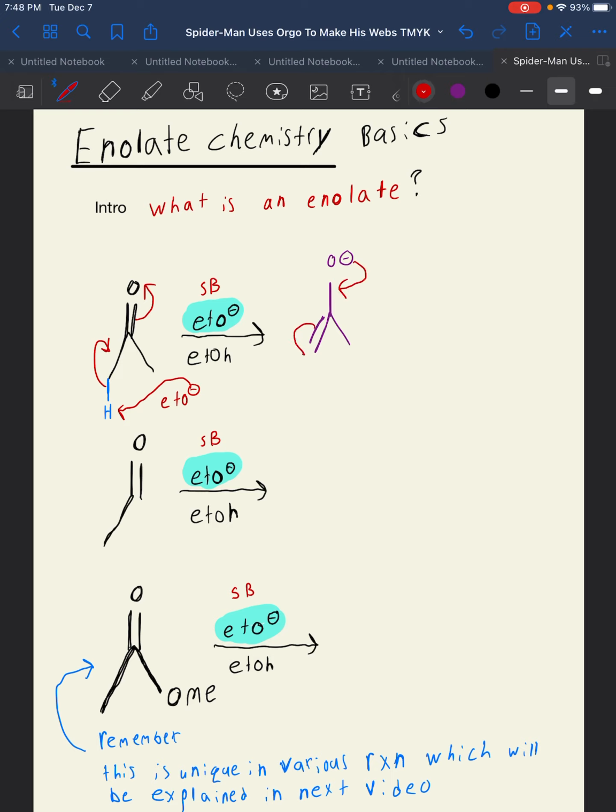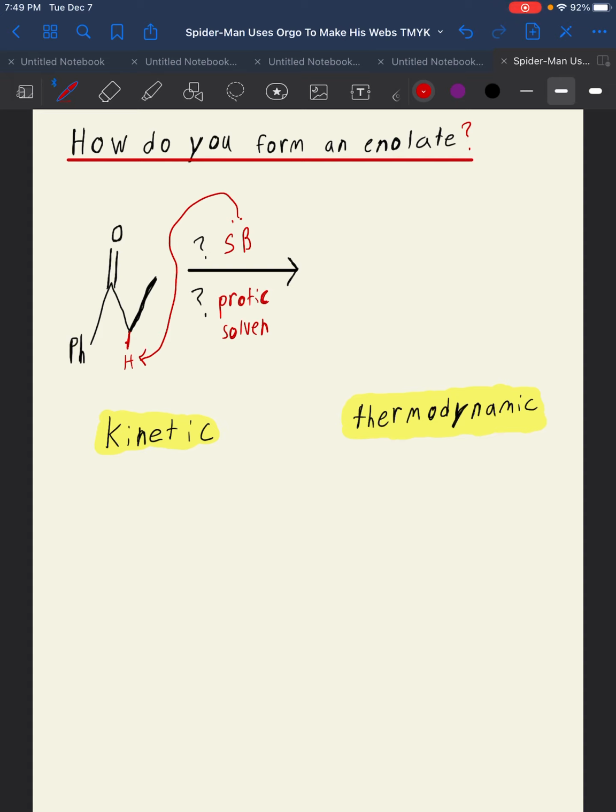And then for this form right here, we'll just say the strong base comes in, once again, takes that hydrogen, resonates up, giving you, once again, this product right here, which can then resonate into this product. So that's how you form an enolate. It's pretty simple stuff, not too complex.